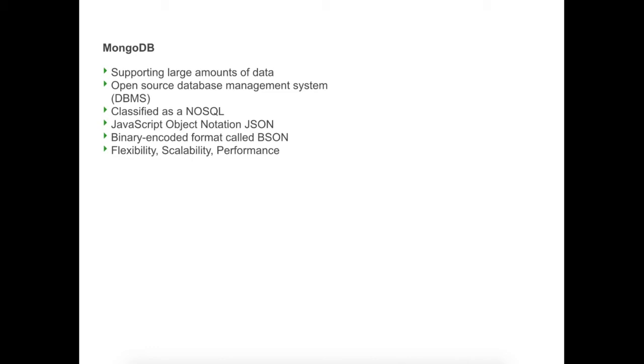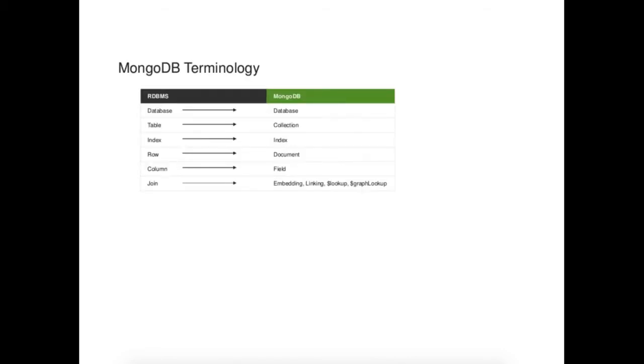Let's take a look at a relational database and how it differs compared to MongoDB. So first, before we take a look at any relational database, let's take a look at the terminology that MongoDB uses. MongoDB is still referred to as a database.